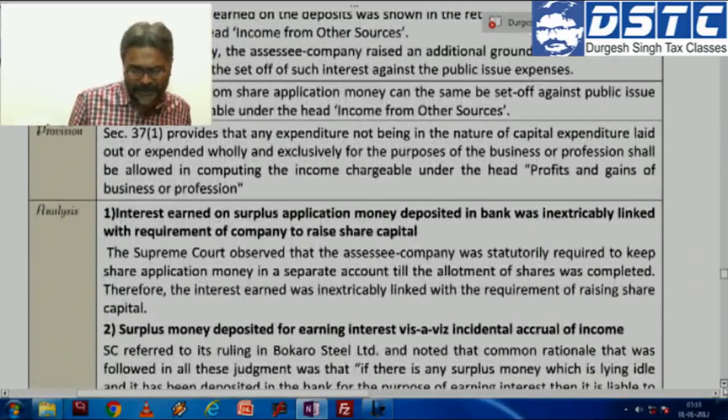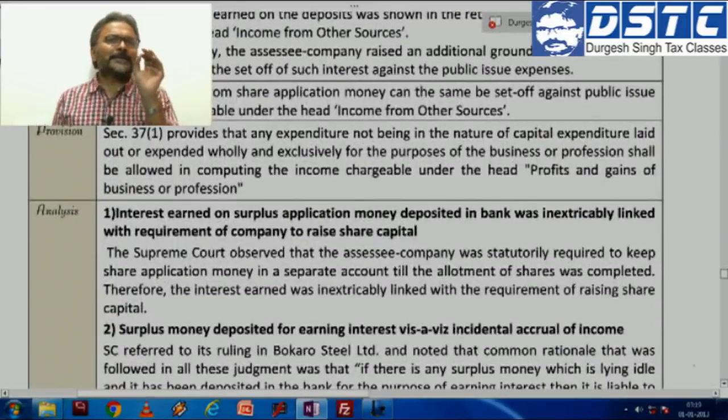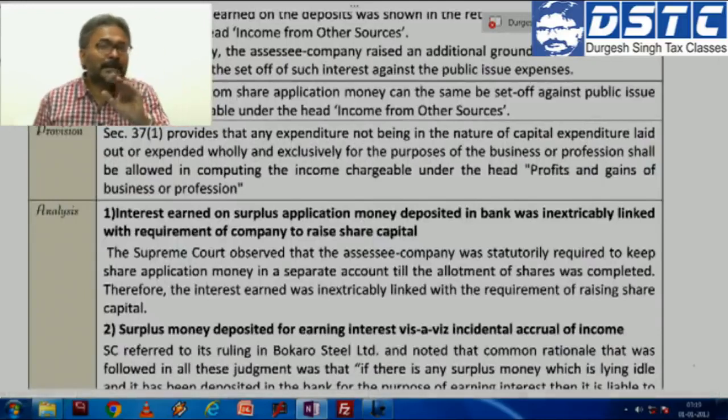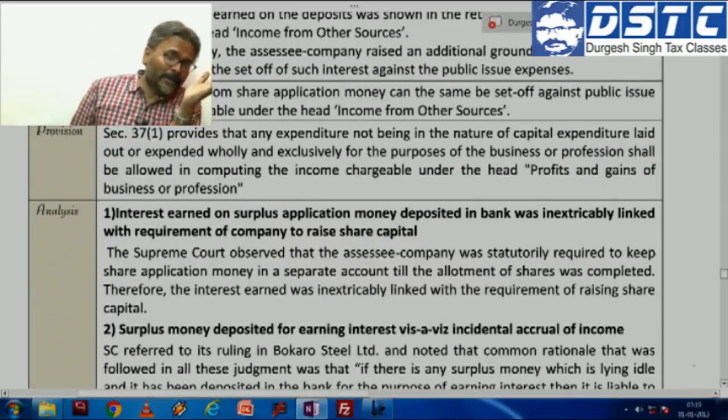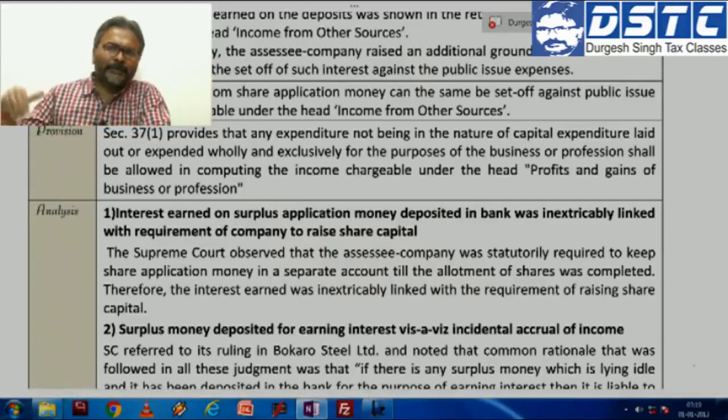So in this context, the judgment that was given was that, look, this interest income which has arisen is not on any independent investment decision of the SSC.